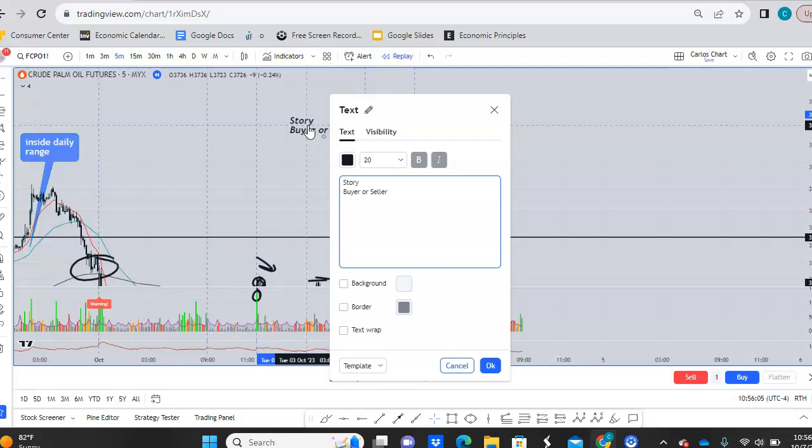You enhance your reading skills with volume and key levels.